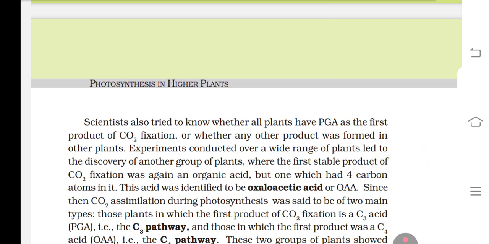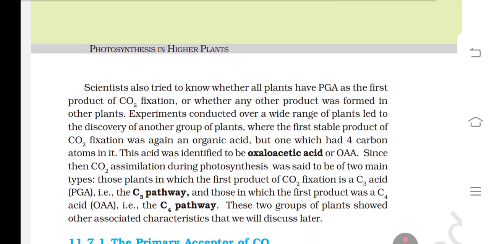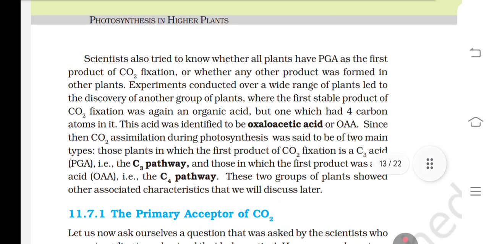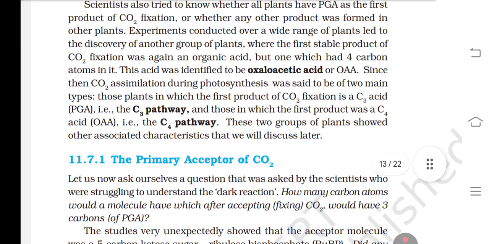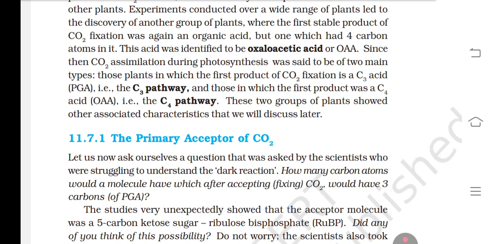Scientists also tried to know whether all plants have PGA as the first product of carbon dioxide fixation, or whether any other product was formed in other plants. Experiments conducted on a wide range of plants led to the discovery of another group of plants where the first stable product of carbon dioxide fixation was again an organic acid, but one which had 4 carbon atoms in it. This acid was identified to be oxaloacetic acid, OAA.